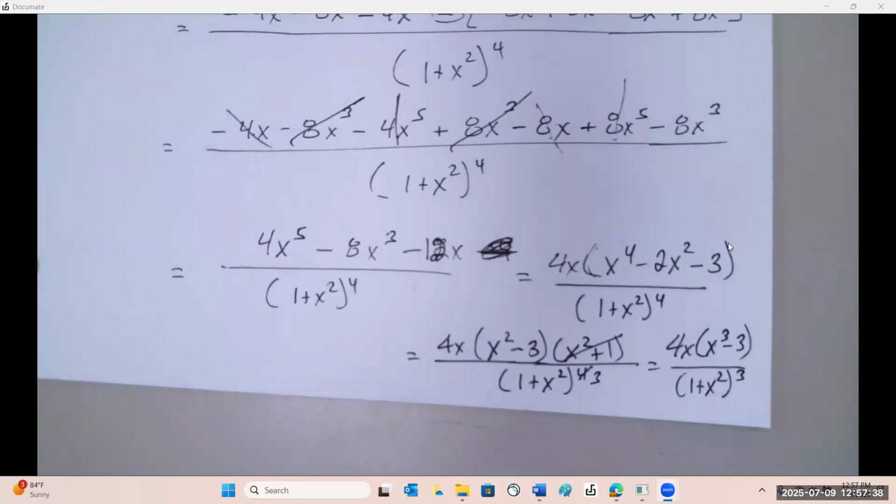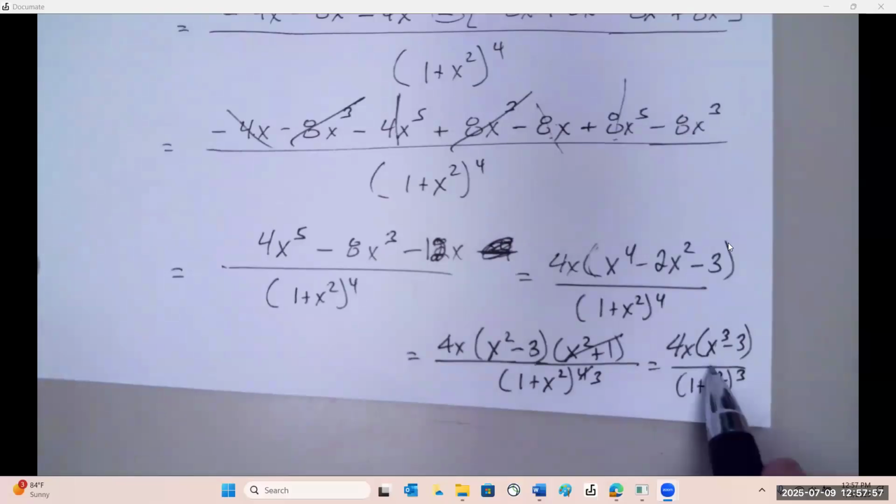So what are our critical points for our points of inflection? Where's my graph? Oh, there it is.